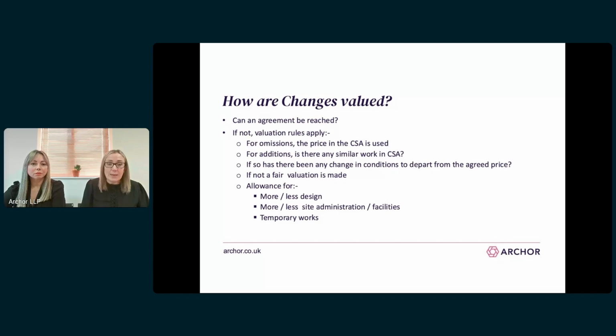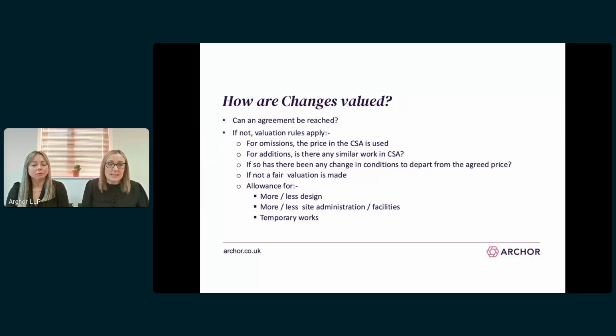If no agreement can be reached, then the valuation rules apply as set out in the contract. So what the JCT suite says in this regard is that for omissions, the price in the CSA is used. For additions, firstly, if there's any similar work in the CSA, then the CSA price for that work will be adopted unless there have been any changes in conditions to depart from that agreed price.